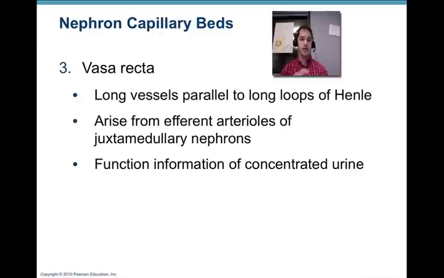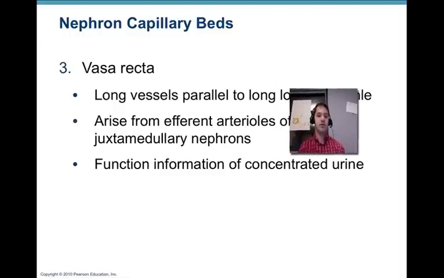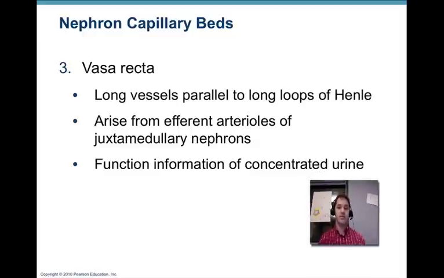The vasa recta is a specialized peritubular capillary. It arises from the efferent arterioles in the juxtamedullary nephrons, and these are long vessels that parallel the long loops of Henle. And these, like I said before, function in the formation of concentrated urine.